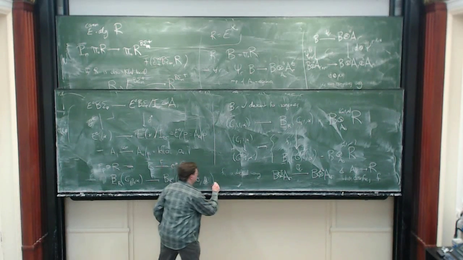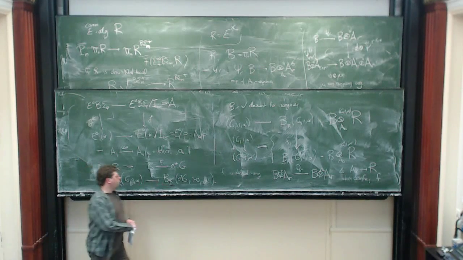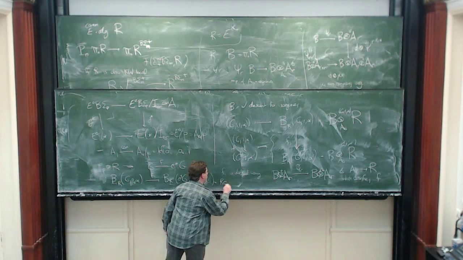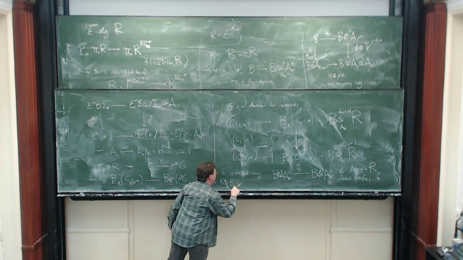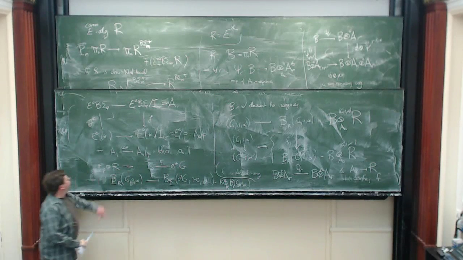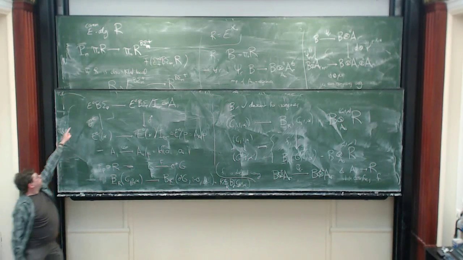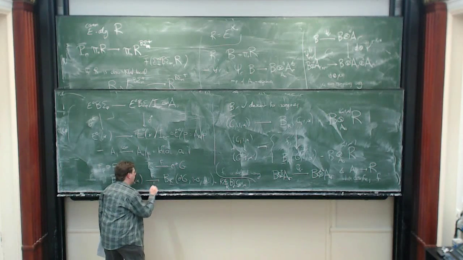This ring is actually just BR of the original guy twisted by the absolute Frobenius. The existence of this lift to this object tells you exactly that this thing is itself a relative Frobenius of rings.